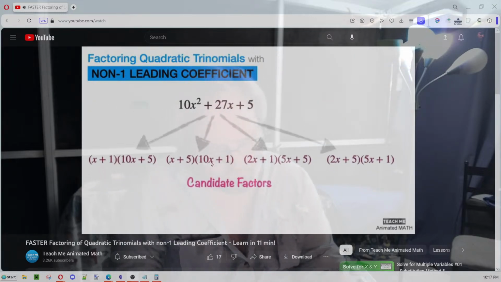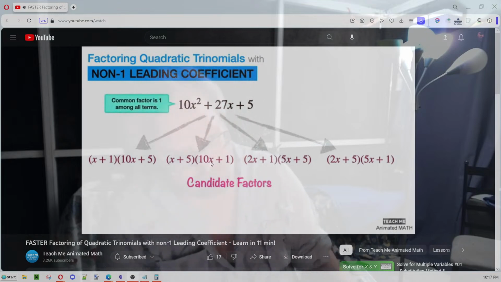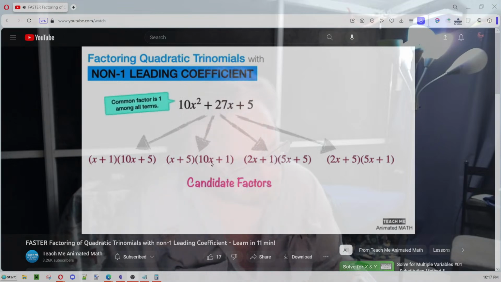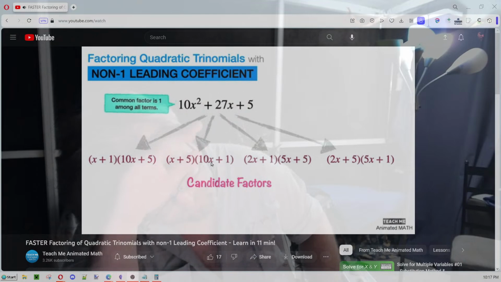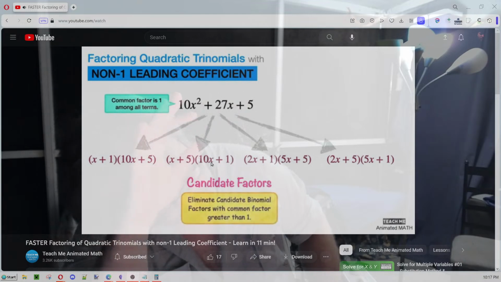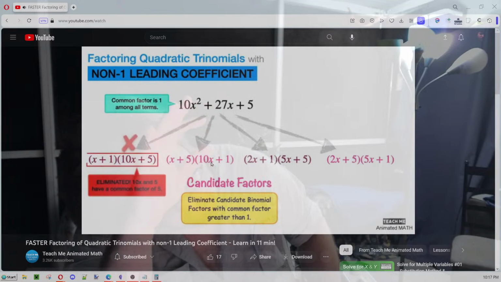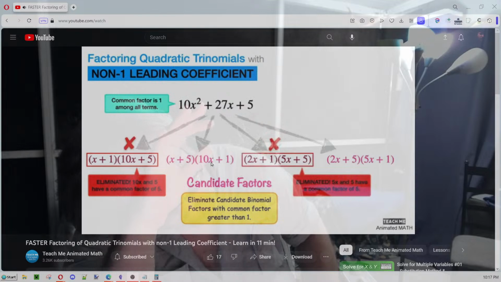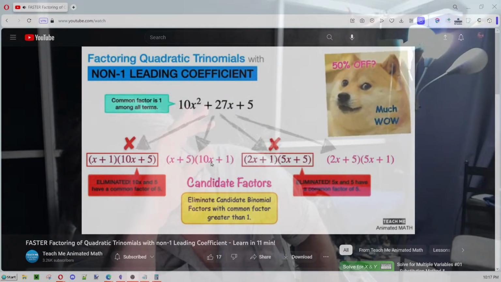Any trinomial that has the greatest common factor of 1 is guaranteed to have binomial factors that also have 1 as their greatest common factor. This means that you can eliminate candidate binomial factors that have a common factor greater than 1. Let me repeat that. You can eliminate candidate binomial factors with common factors greater than 1 too, to tremendously reduce the amount of trial and error you have to do.